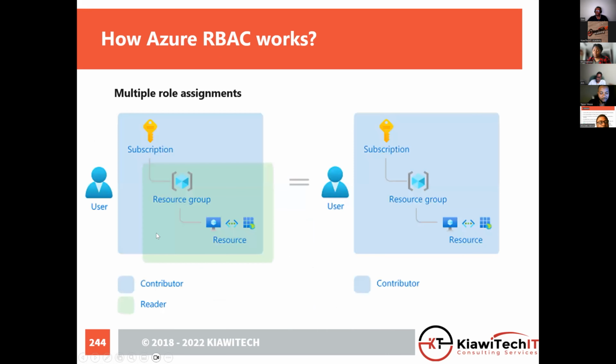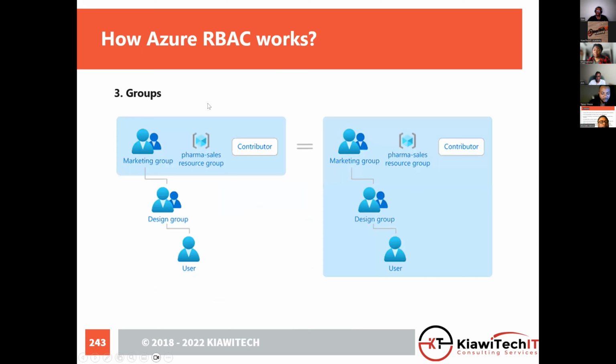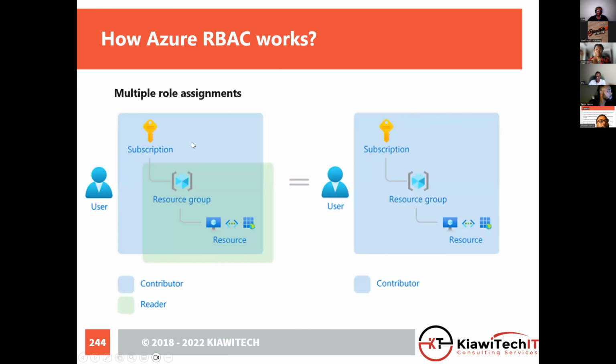All right? So you can have multiple role assignments. Not only can you assign just a single role to an individual, I can give you multiple role assignments using RBAC, meaning an individual wants contributor role and also a reader role, right? At the subscription level, maybe, or at the resource group level, or at the resource level, that is the scope, and so on.